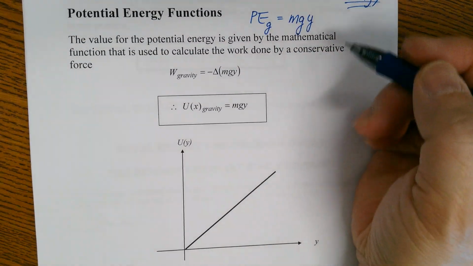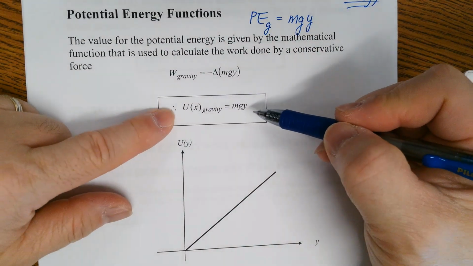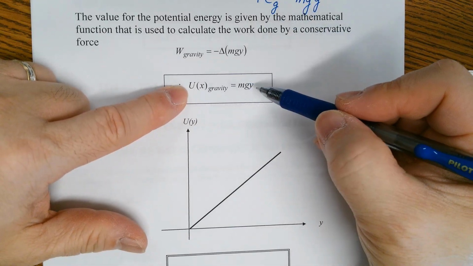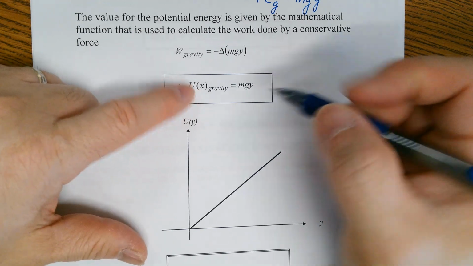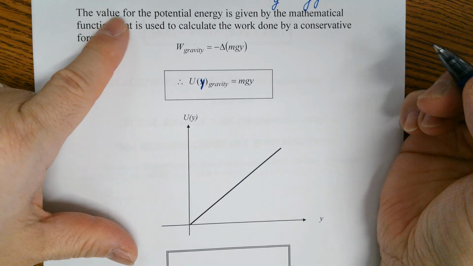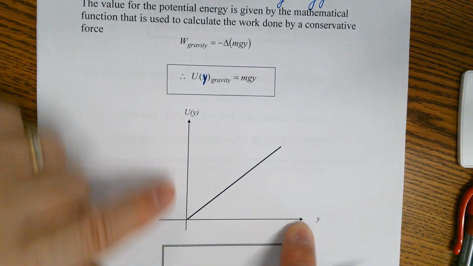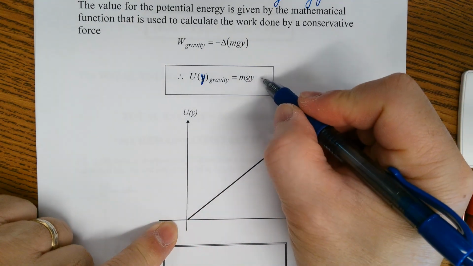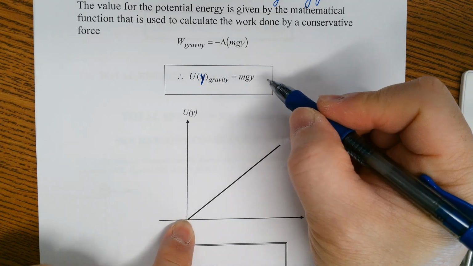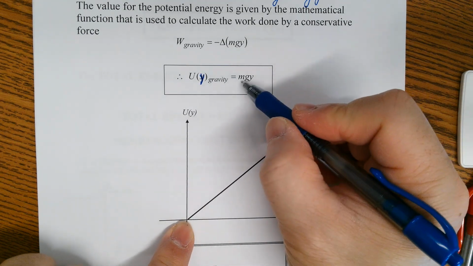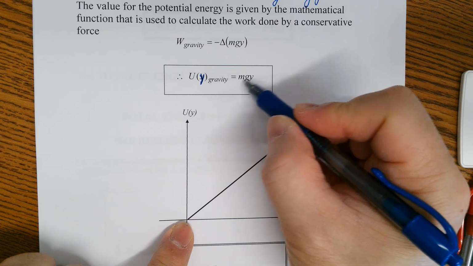So if you were to think about graphing the potential energy of gravity as a function of position, I guess you could say this should be y, not x. Then the potential energy function versus y should be very linear because, first of all, my y-intercept is 0, so it starts at the origin. m and g are constants.